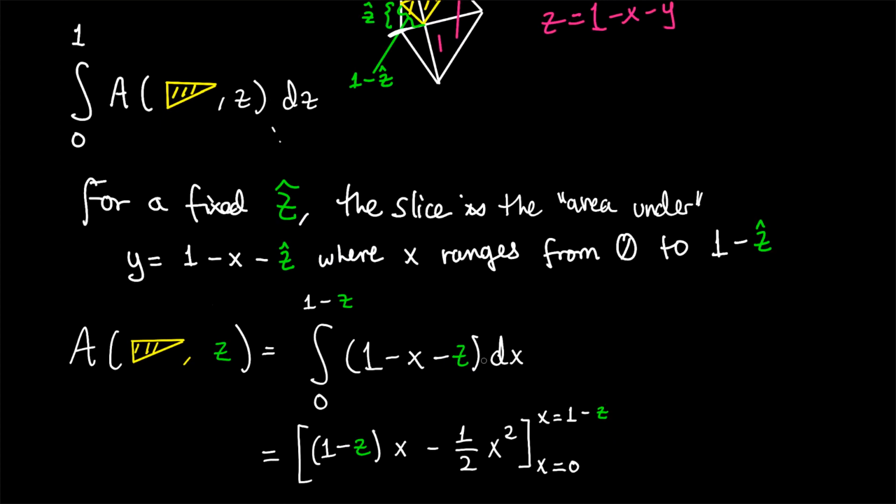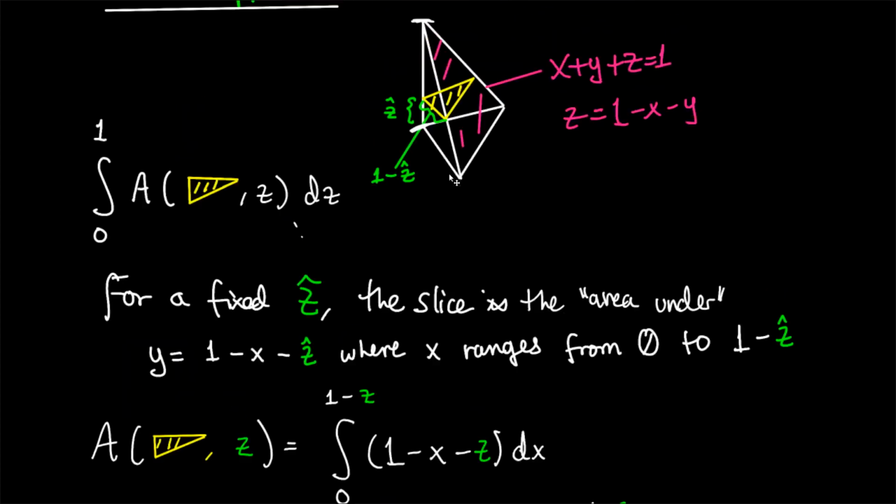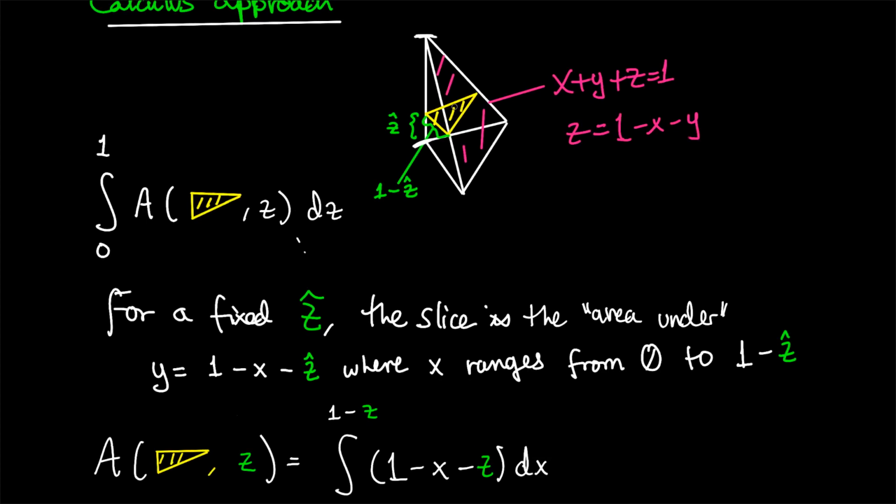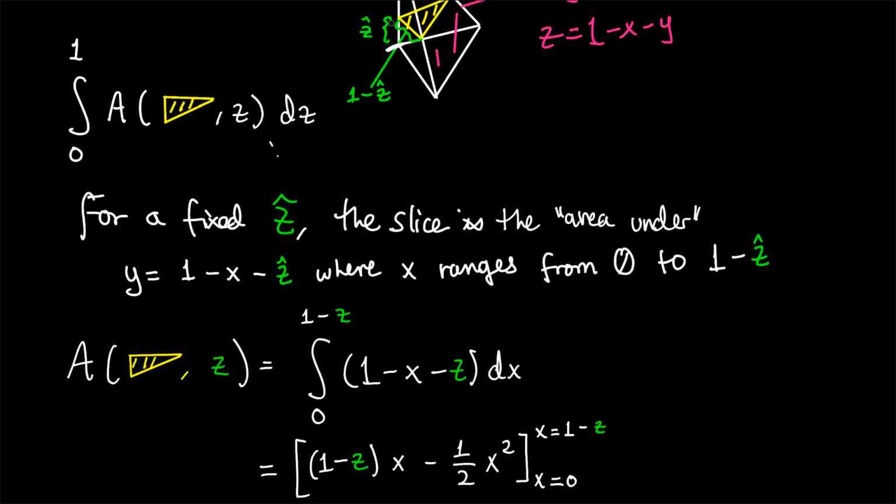I don't have a good reason for explaining it, but the calculation works out, and it should be 1 minus z hat. I'm also very tired, so forgive me. At least the calculation works out, so hopefully that's correct.